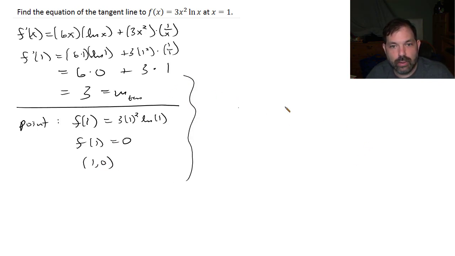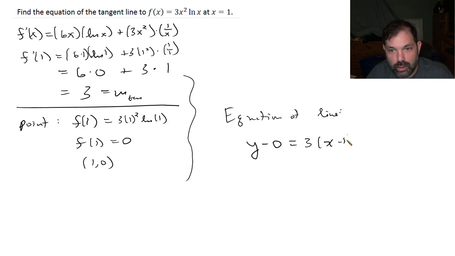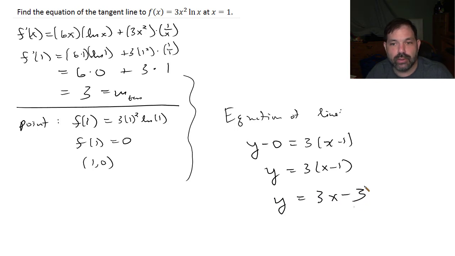So taking that together, the equation of the line, we could write it in point-slope form as y minus 0 is equal to 3 times x minus 1. So y equals 3 times x minus 1, or y equals 3x minus 3.